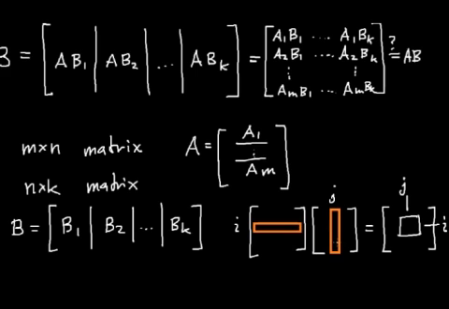But that is nothing other than taking this row matrix and multiplying by that column matrix. And that's exactly what we've got here. You see, for example, in the first entry here, where i is 1 and j is 1, we have the first row A1 of the A matrix multiplied by the first column of the B matrix, which is B1.